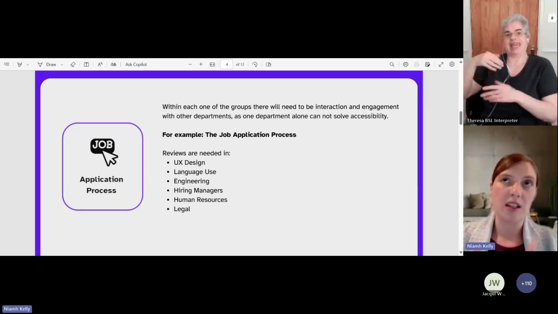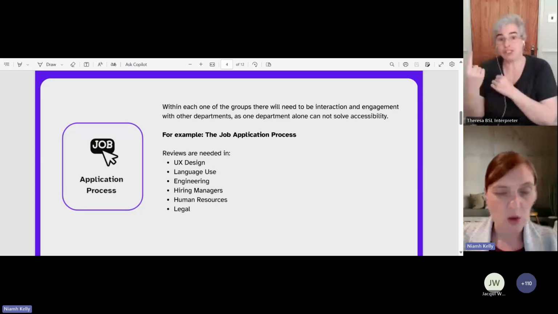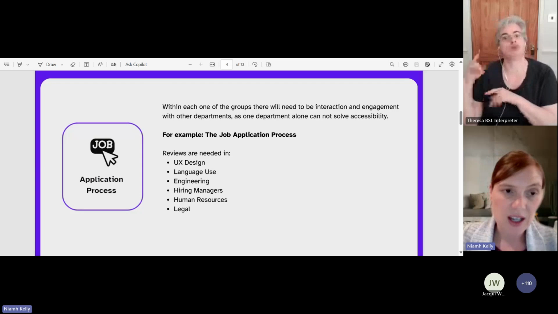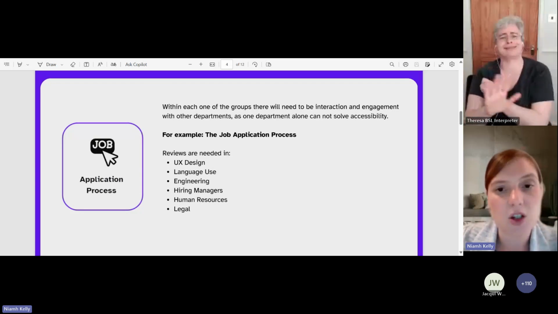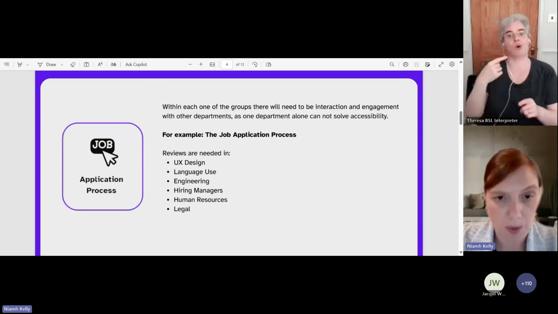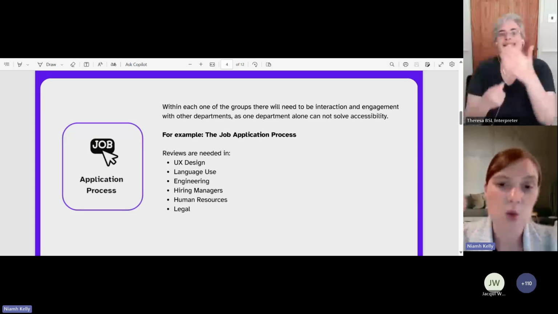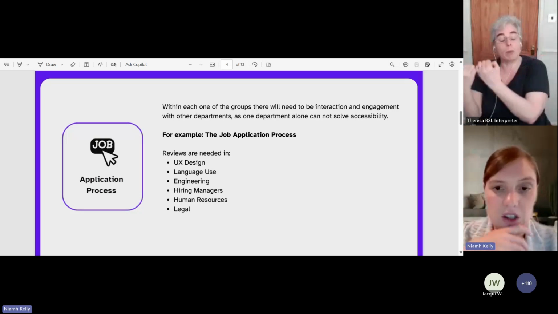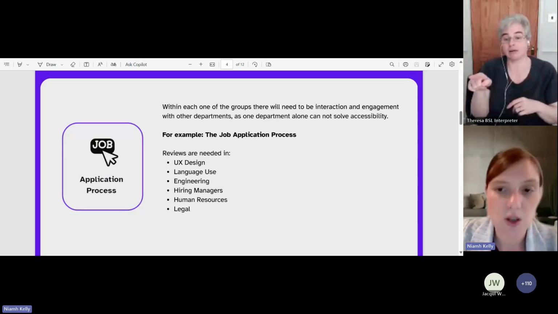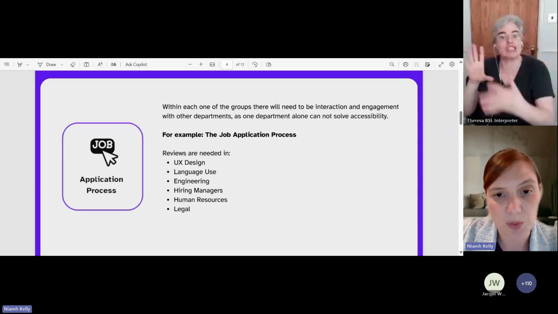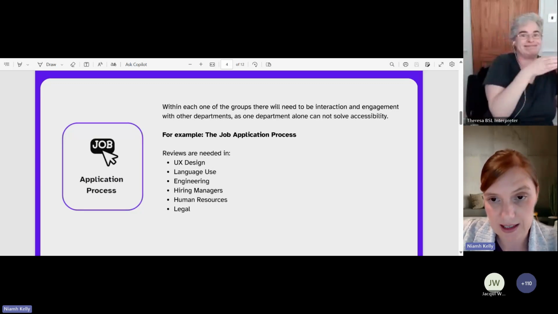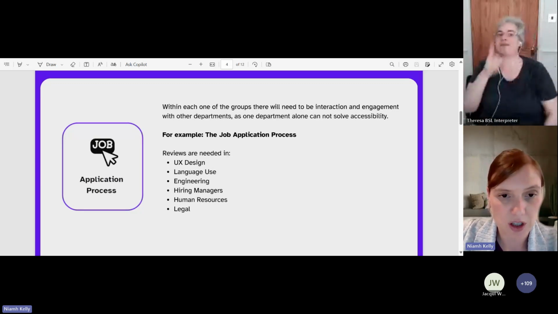It's not up to the individuals only in that resource group to do all the work and try and implement change. This is where the mindset shift has to happen. Within each one of these six areas I mentioned, there needs to be interaction and engagement with other departments, as one department alone cannot solve for accessibility and disability inclusion.